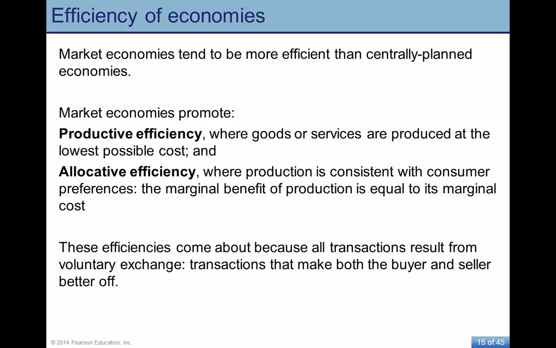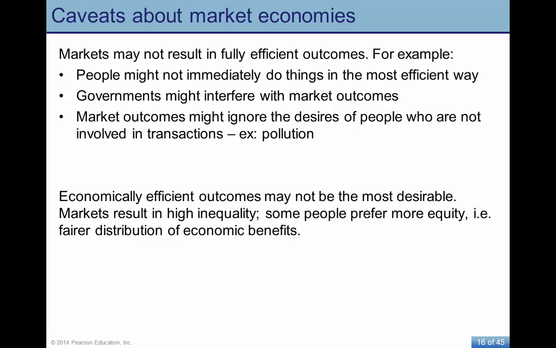These efficiencies come about because all transactions result from voluntary exchange, transactions that make both buyer and seller better off. Caveats about market economies. Markets may not result in fully efficient outcomes.